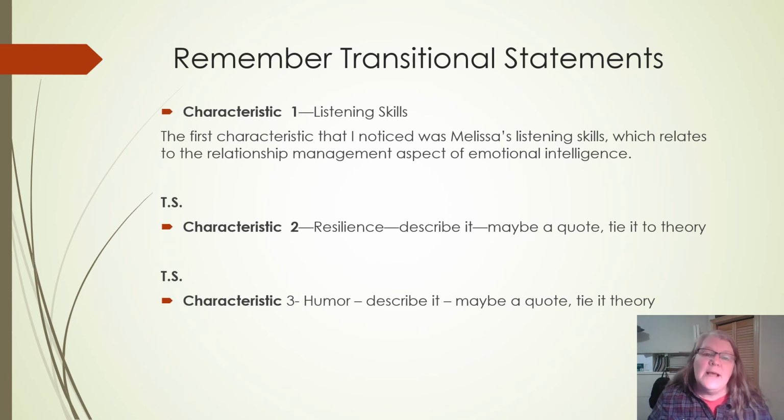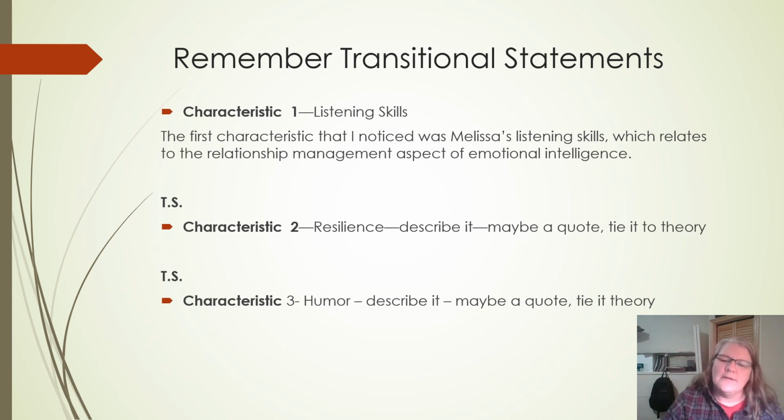So I might say something like, along with her listening skills, Melissa has resilience. That would be the transition statement that I use to get to the second point, and I want to connect them.